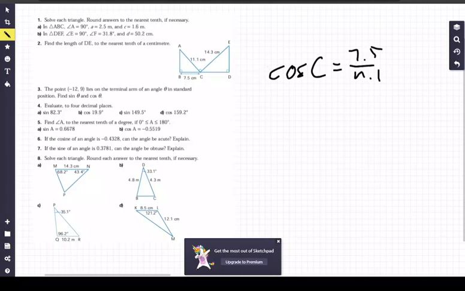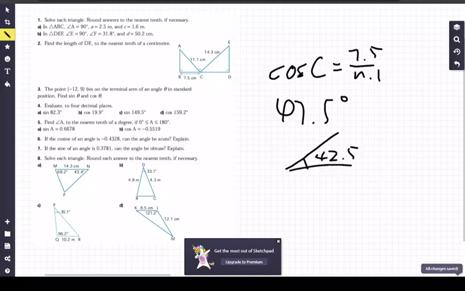Then inverse cosine that. 47.4, 47.5 rounds up, sorry. Now let's do 180 minus 90 minus 47.5, which is 42.5. So we have this angle on the other side, this angle here, equal to 42.5.